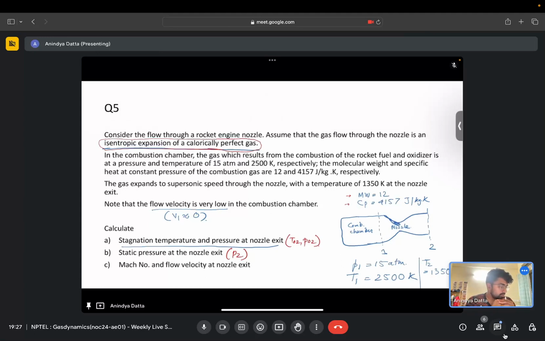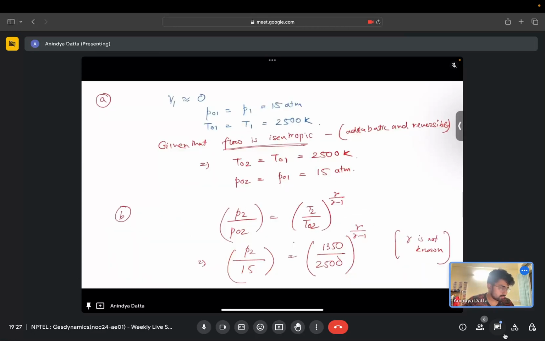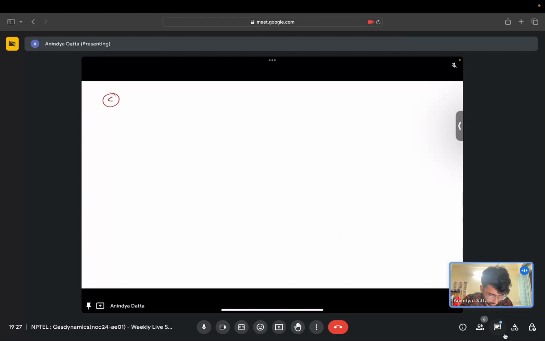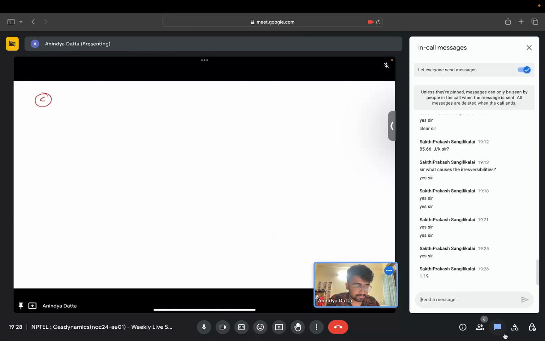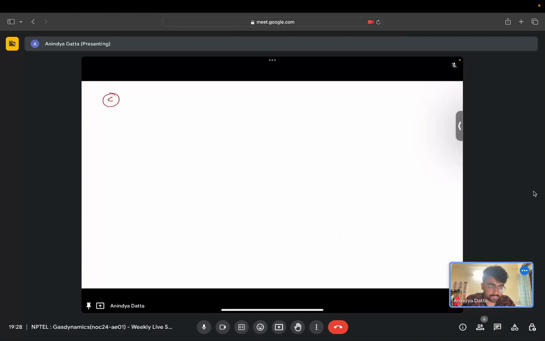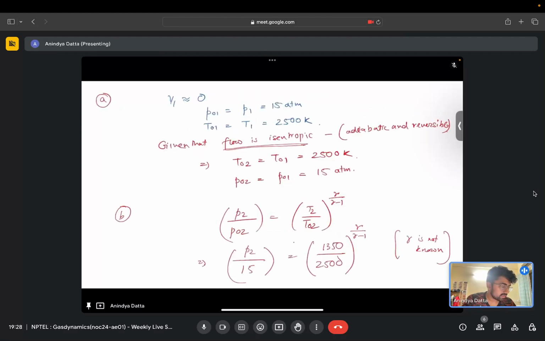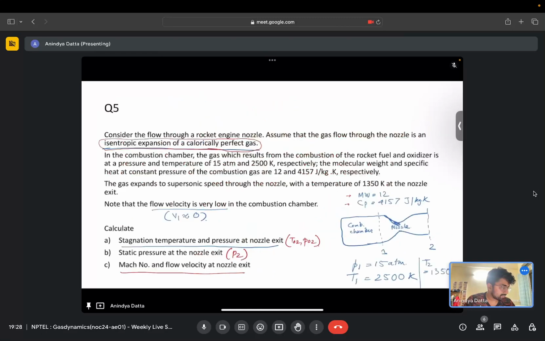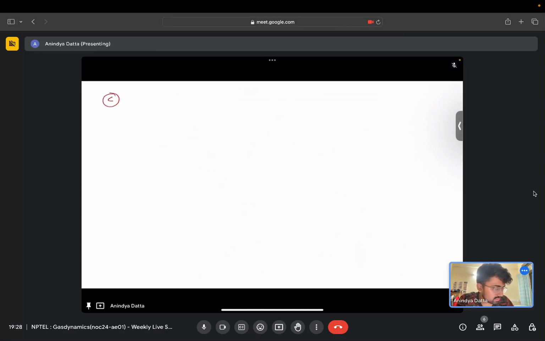All right. So part C, you have to find out the Mach number and flow velocity at nozzle exit. How can we compute that? The most simplistic way, let's say we have to find the flow velocity at nozzle exit. Let's write the energy balance between the static and stagnation state.